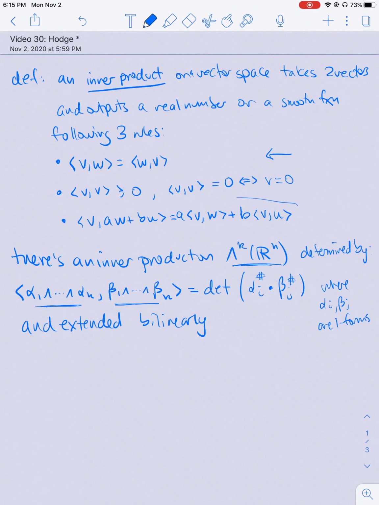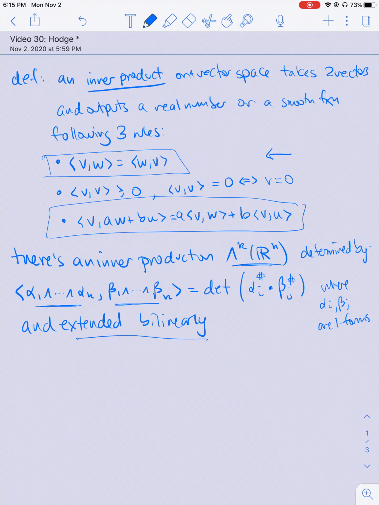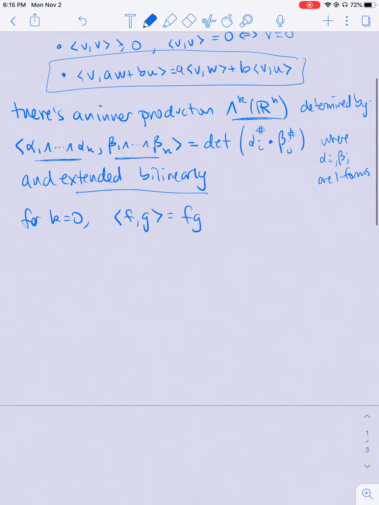And so using this third property and this first property of an inner product, I can extend this inner product to all pairs of k-forms. For k equals 0, the inner product of two functions is just going to be their product, so multiplying them. We'll do some examples on R3 and then extend it. You'll see the pattern.